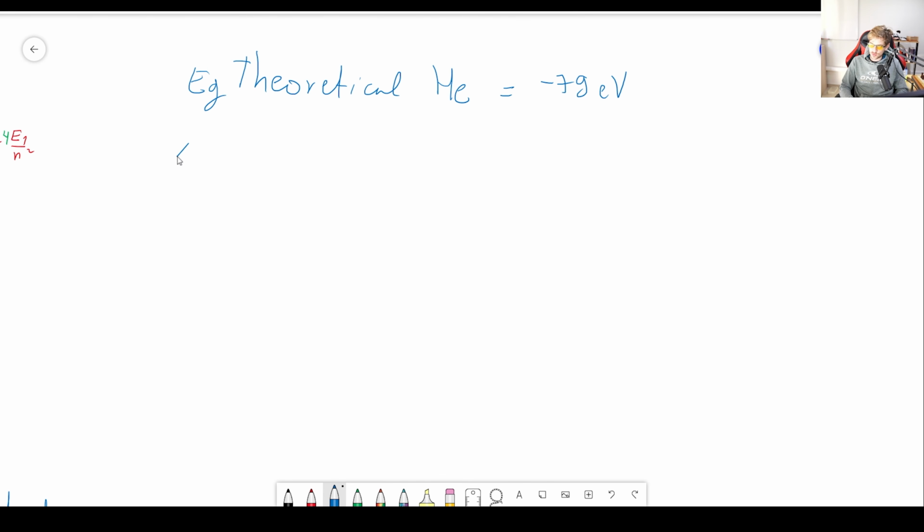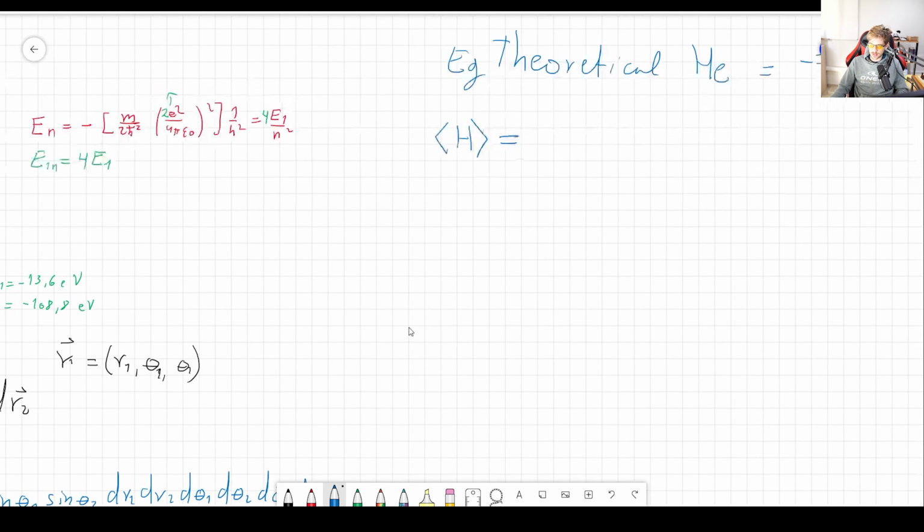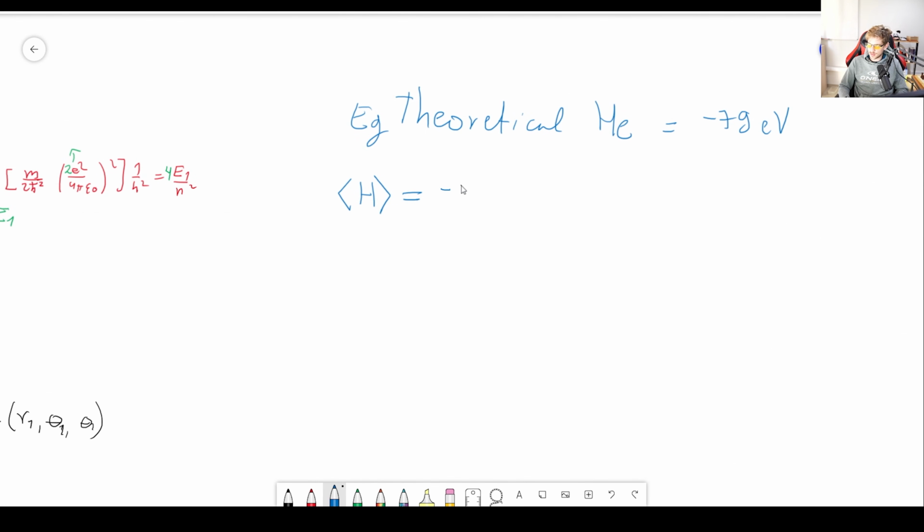And before, using the variational principle, we saw that the energy we are now testing using our trial function was minus 108.8 electron volts. And now we have to add 34 electron volts on top of it.